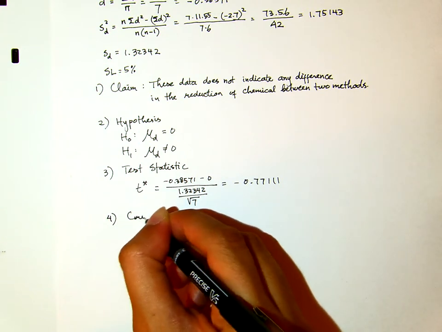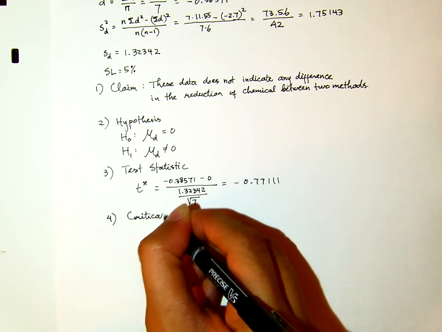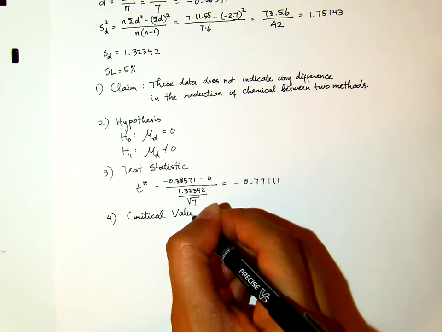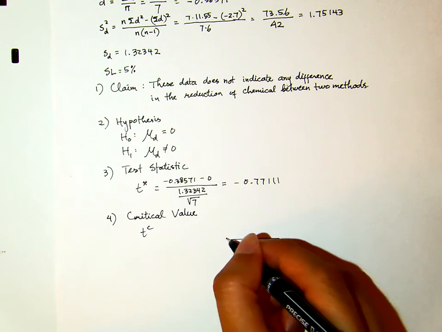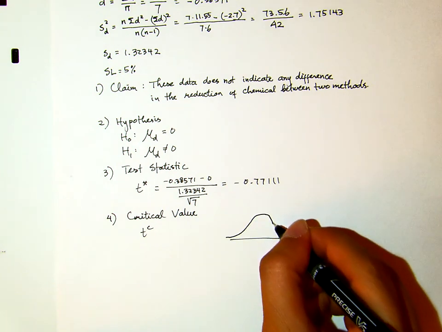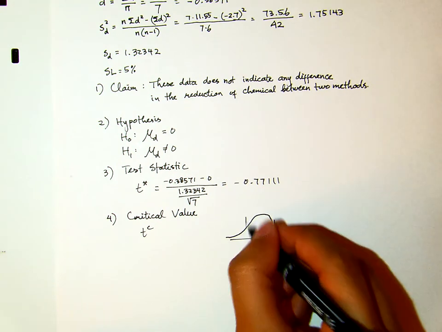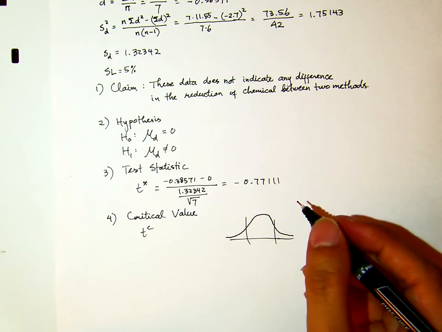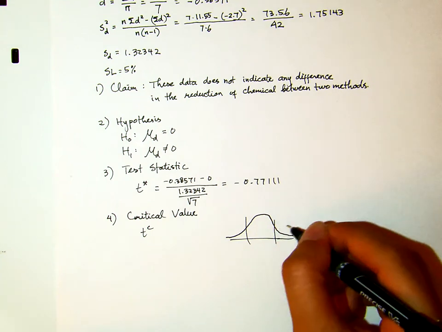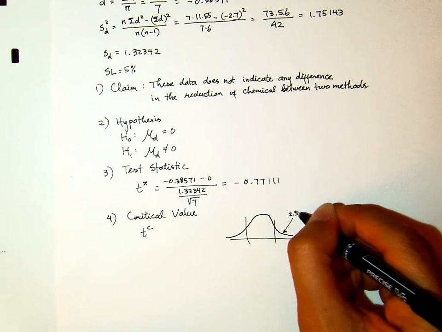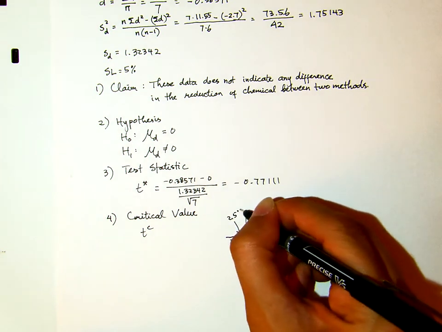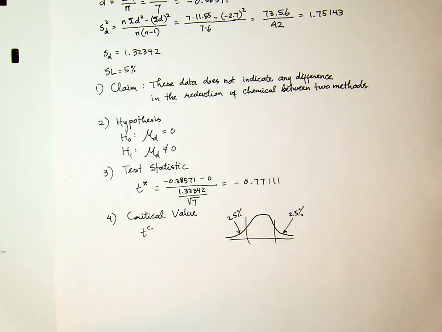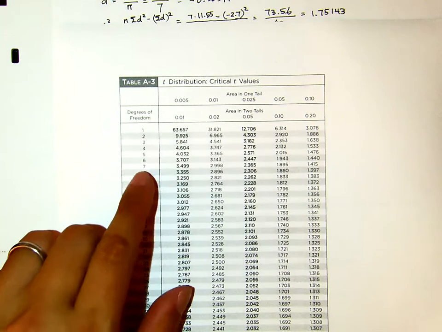Now, step 4, the critical value, TC. We do a two-tailed test because we want to see how much difference is made. It's 5%, so this is 2.5% each, or the area of the total is 5%.